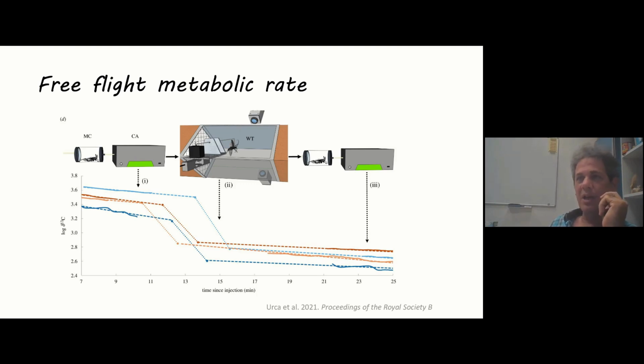You can see here the missing parts. You can calculate the slope between before the animal starts flying and when it ends flying. And from the slope, you can calculate the elimination rate of carbon dioxide and plot it against the curve and get the metabolic rate during flight of the animal. You can do it with birds, with bats, and with any other animal too.